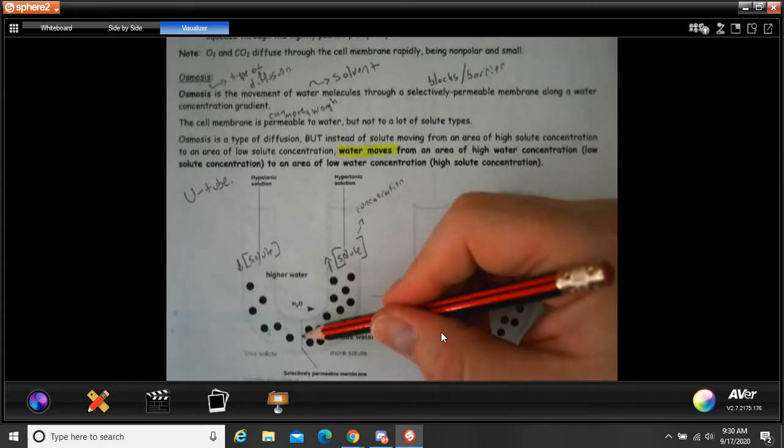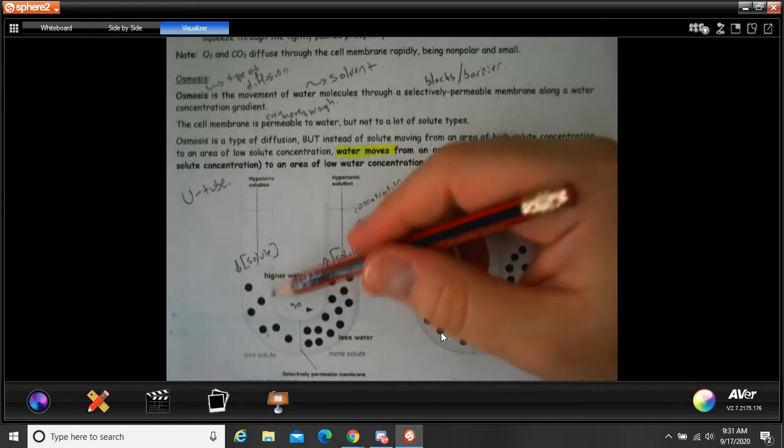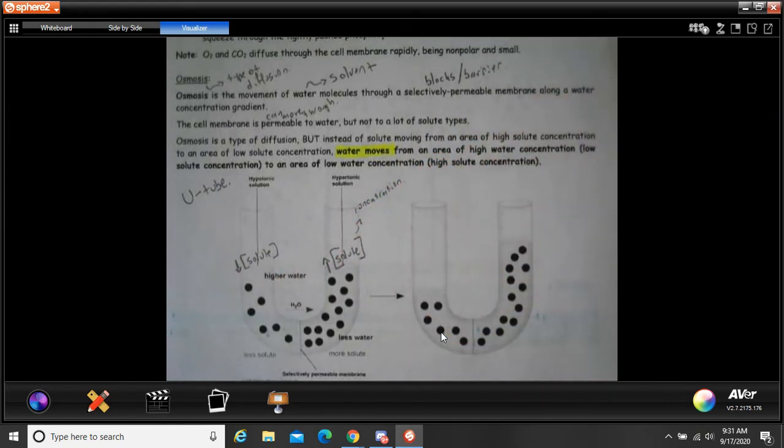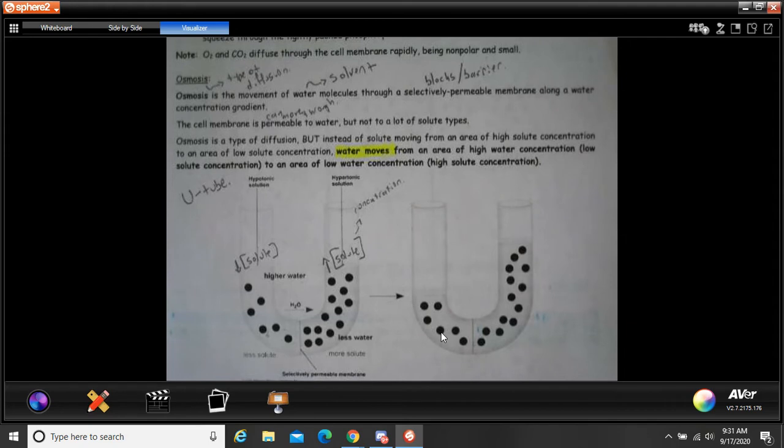These solutes are restricted from moving. However, water can diffuse through this membrane, and simply because of the water colliding with itself, over time the two concentrations will become equal, but in order to achieve that, the water has osmosed to the side where there was less water.